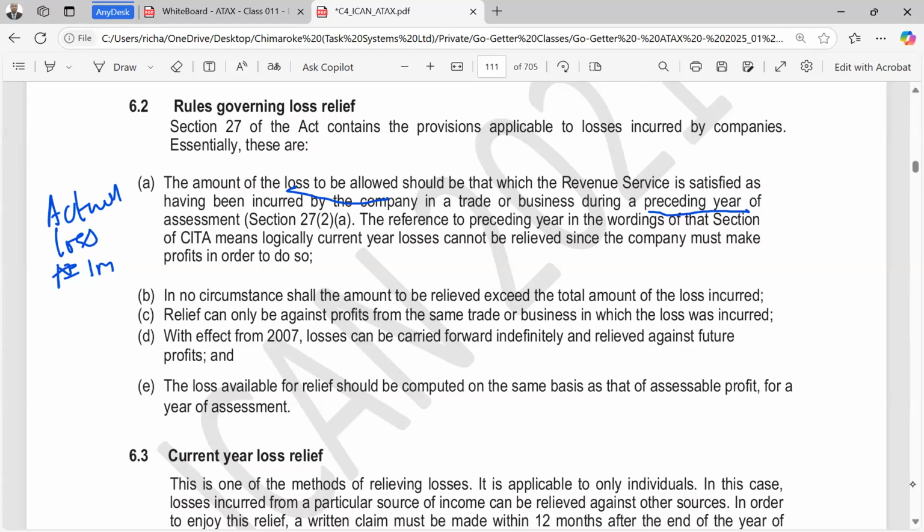But when Finance Act 2019 came in, this point number 2 or point number B holds no water, because always the amount of loss to be relieved will never be greater than the actual loss. But before the 2019 Finance Act, we see sometimes people making loss more than actual loss.